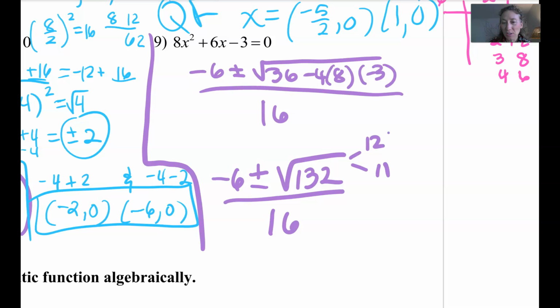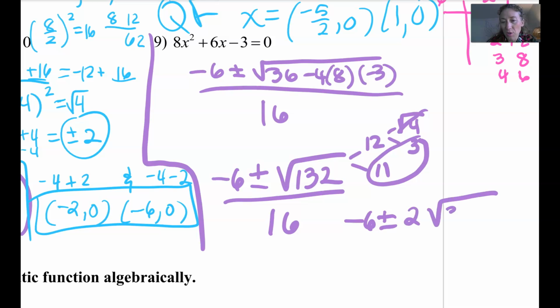This is one of the multiplications, so that's going to be 4 times 3. So that tells me I'm going to have the square root of 4 and then 11 times 3 left over in the radical. So let's see, that's negative 6 plus or minus the square root of 4 is 2, then rad 11 times 3, 33, divided by 16 on both of them.